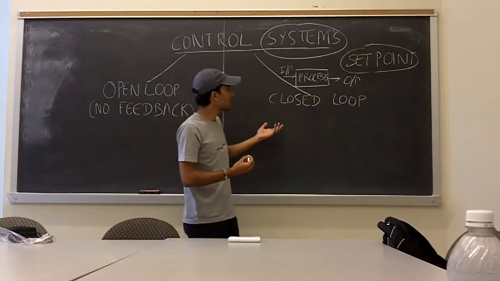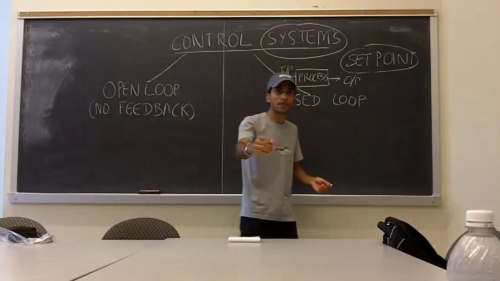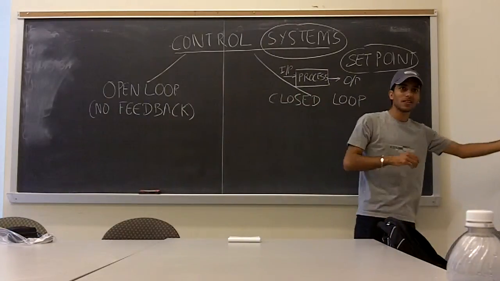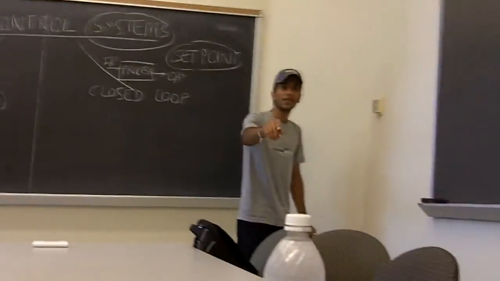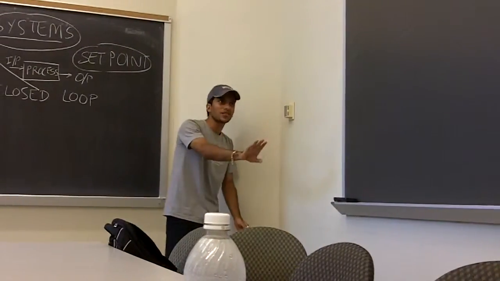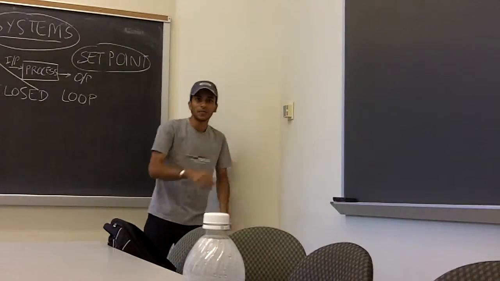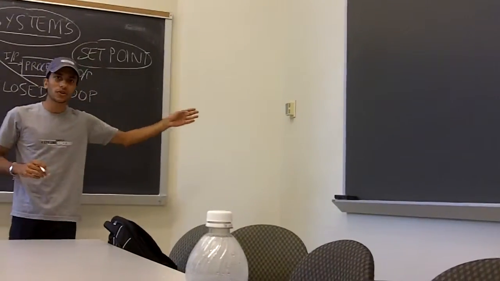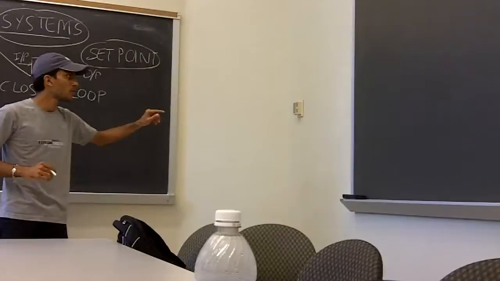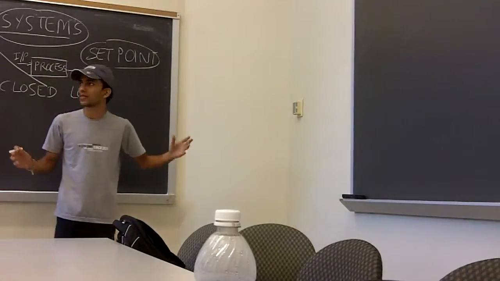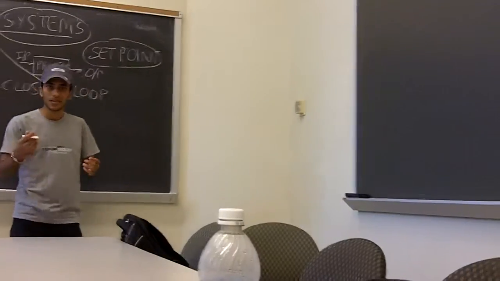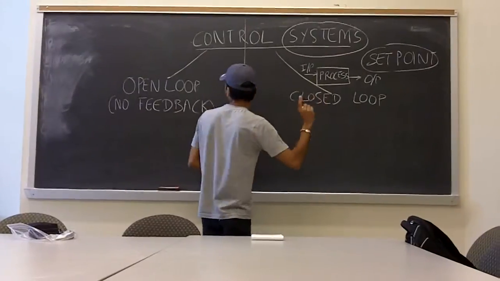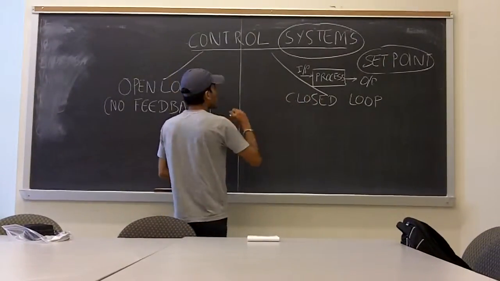Okay, let me cite an example. Can you please move the camera this way? If you look at this thermostat, this thermostat is serving as a control system for the room temperature of this particular class. Now, how is it serving us as a control system?